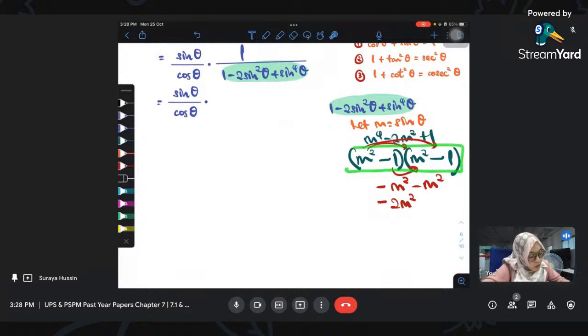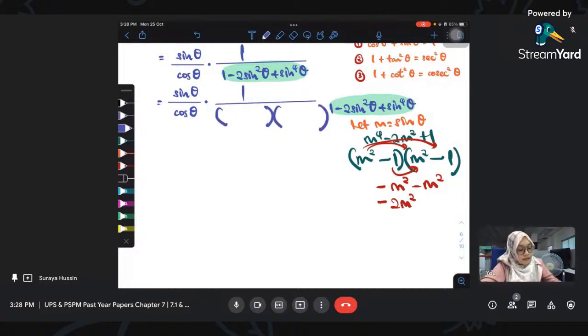And therefore, I should put this, change my m and put it there. Change this into something that. And so I'll go 1 over, like that. Okay.